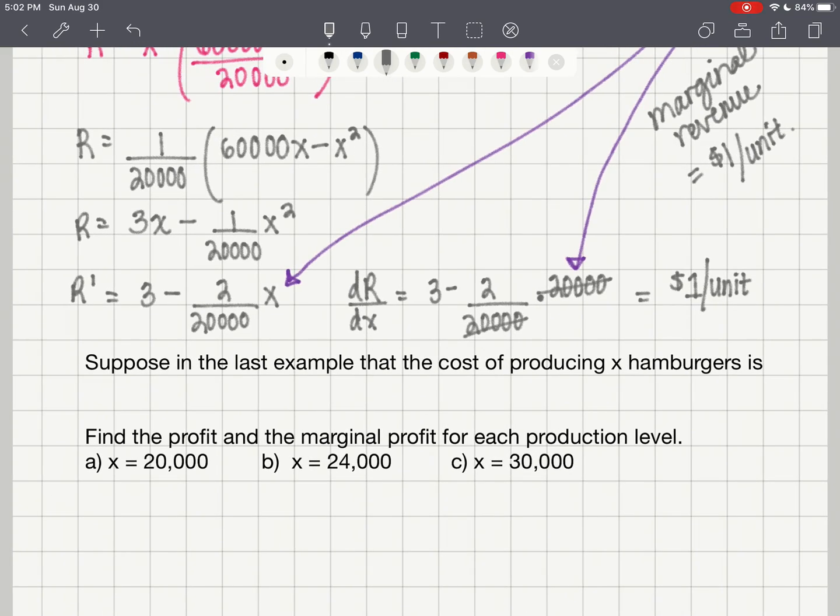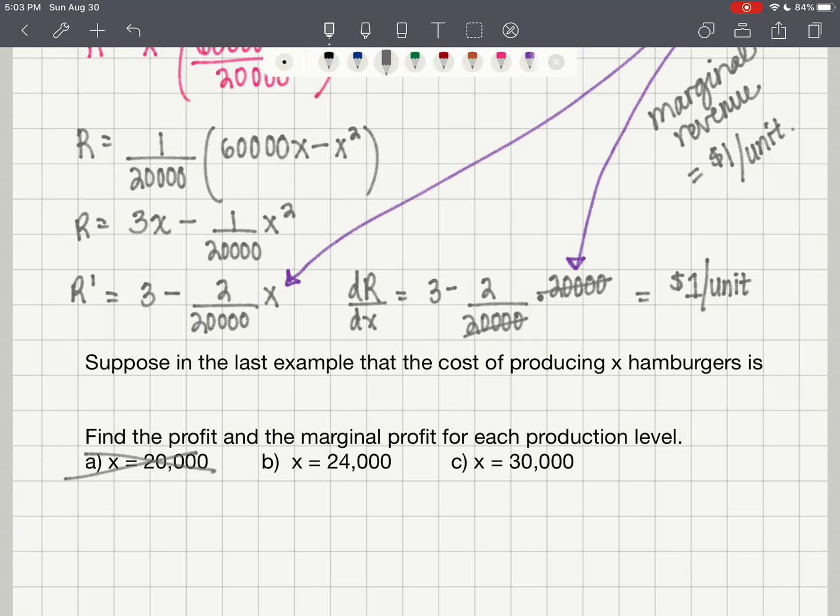Now, you can use the same equation and find it at 24,000 and then at 30,000 if you want the extra practice. But you've already got the derivative, so doing that extra practice is just doing arithmetic work, and I'm not sure that arithmetic work is really all that fantastic, not at this level.